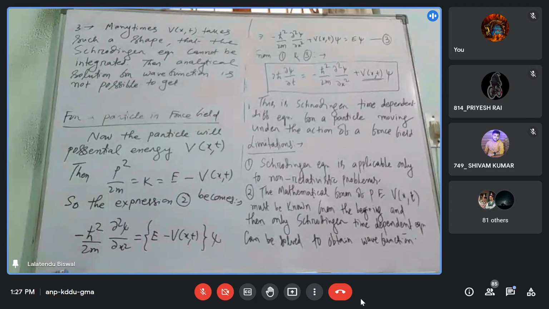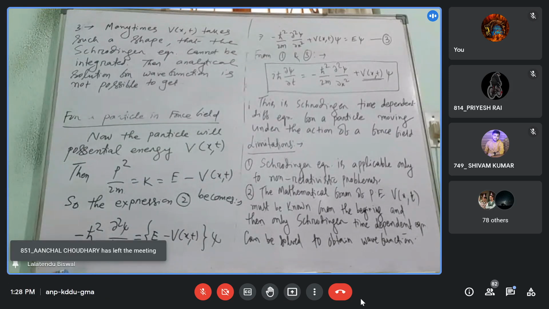Whether it is the electron revolving around the nucleus, the alpha particle approaching the nucleus, the electron used to form a diffraction pattern, the electron moving inside a metal, or the electron moving in one dimension inside a one-dimensional nanotube, in all these cases, if you want to get the wave function for the particle, you have to solve this Schrodinger equation. But for that, you have to know first the mathematical form of the potential energy function.